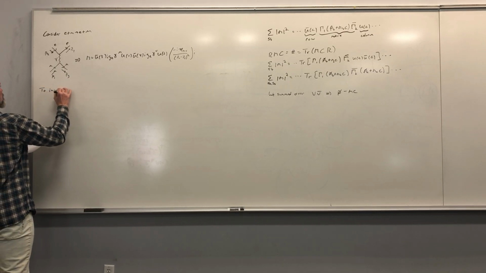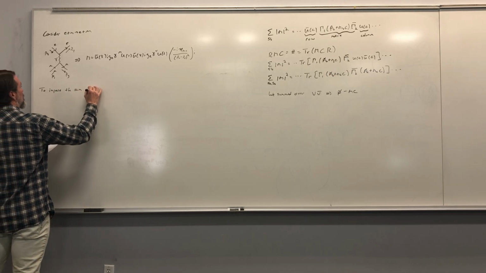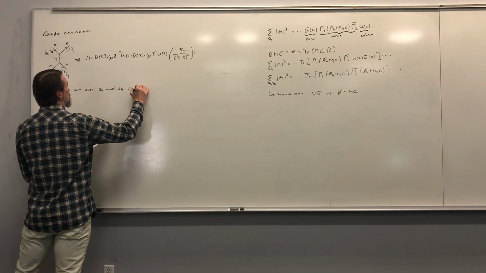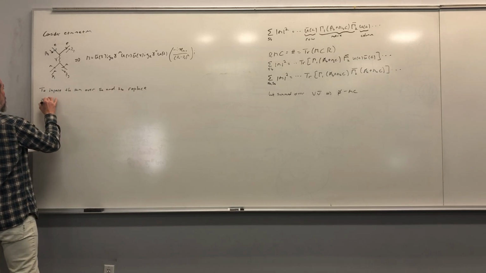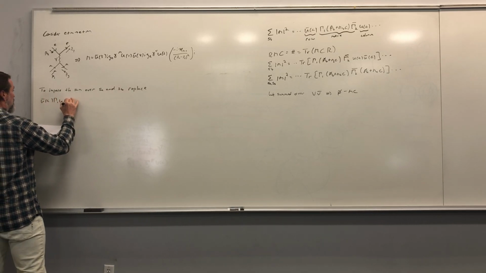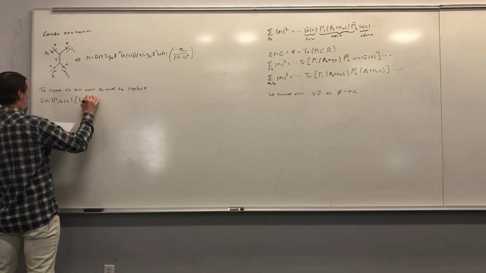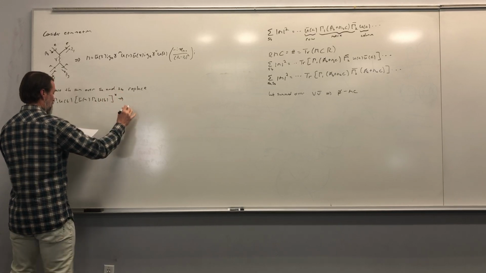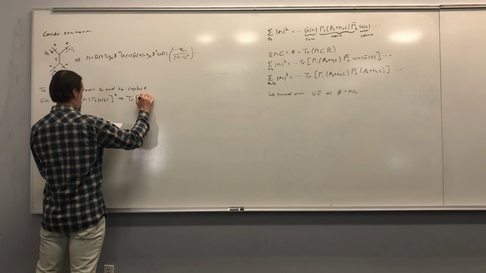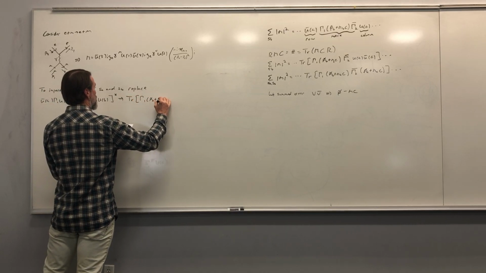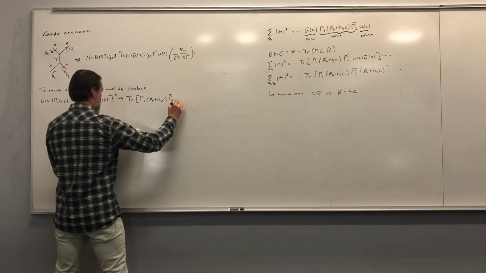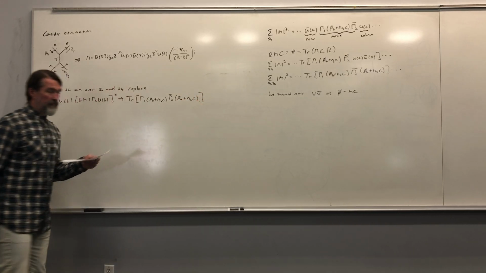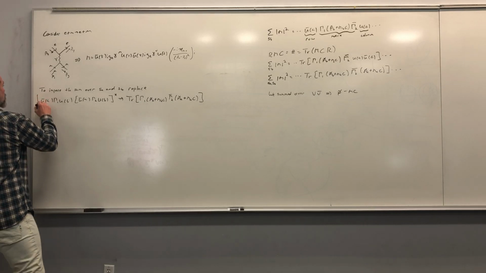To impose the sum over SA and SB, replace U bar A gamma 1 UB times U bar A gamma 2 UB starred with trace gamma 1 P slash B plus MB c gamma bar 2 P slash A plus MA c. Okay? That's so good, I'll put a little box around it.